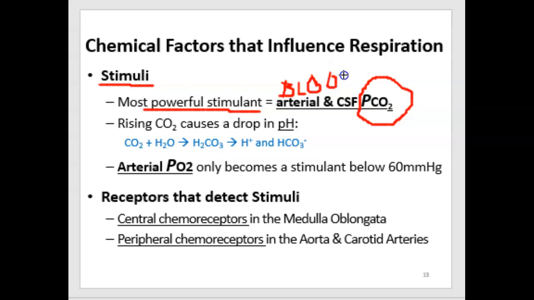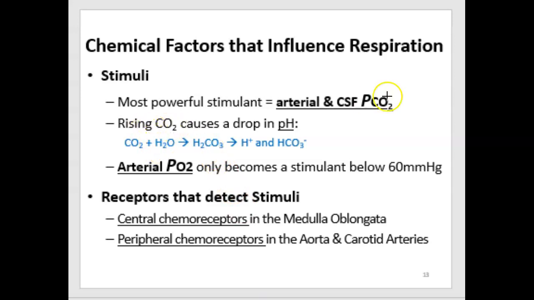Those two fluids. And interestingly enough, CO2 causes a drop in pH, or it causes the blood or cerebral spinal fluid to become acidic.